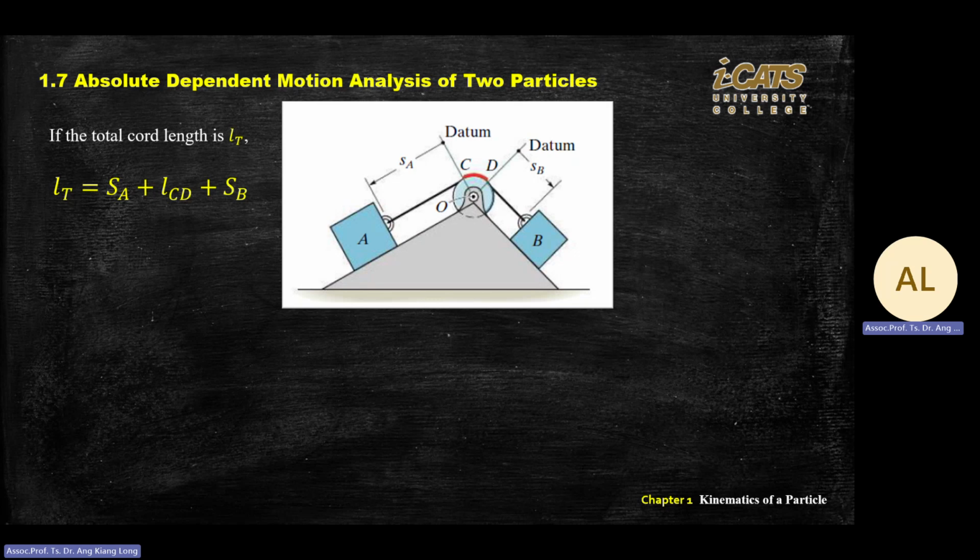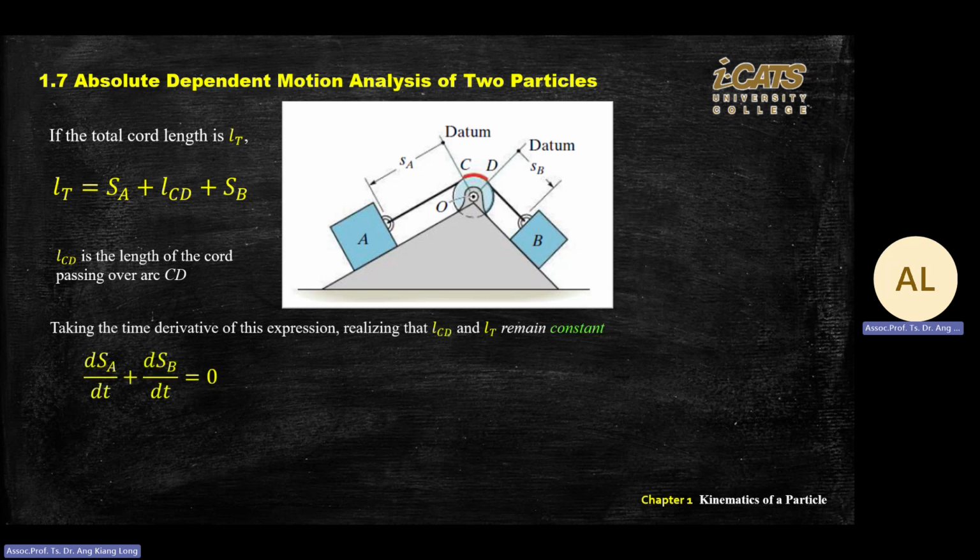Correct? Okay, once you have the total length with three components, you want to find the change of the rope. And we all agree this section, highlighted in red, CD, does not change over time. No matter if A moves down or up, the CD portion doesn't change, always the same.